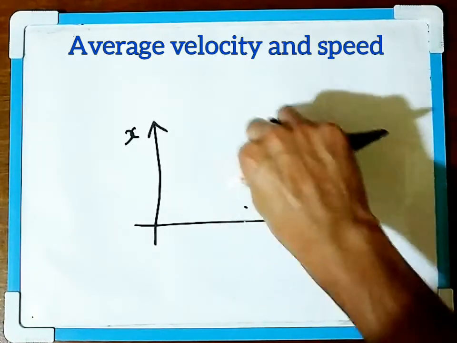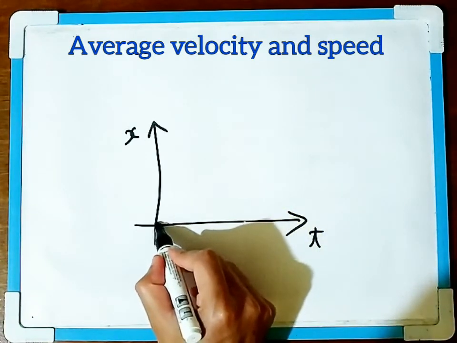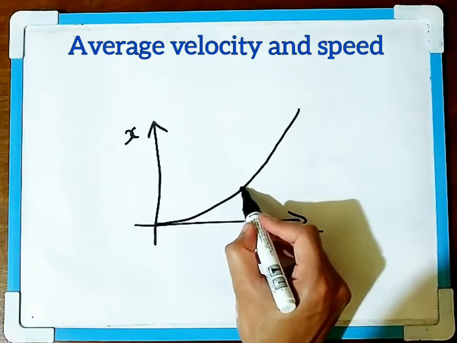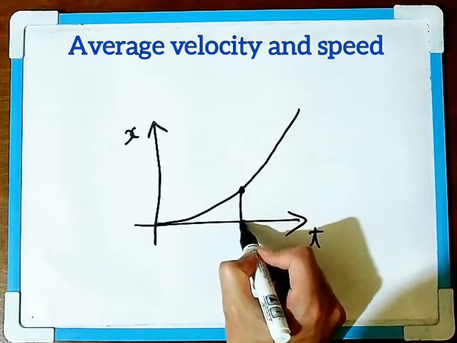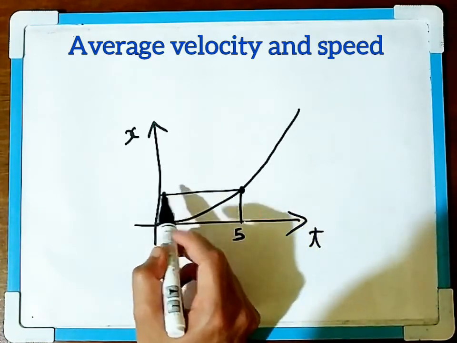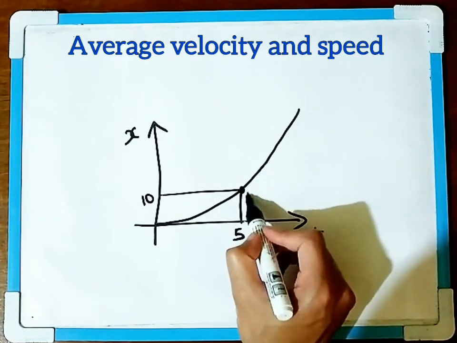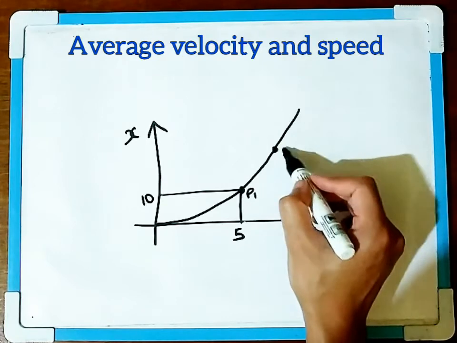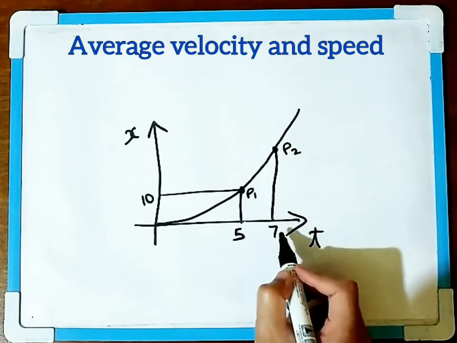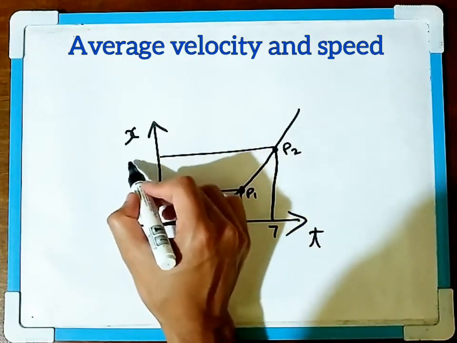And here in this example, we have the position time graph to be like this, and at this P1 your time is 5 seconds, and the displacement is 10, and at this position P2 the time is 7 seconds, and the displacement is 27.4.